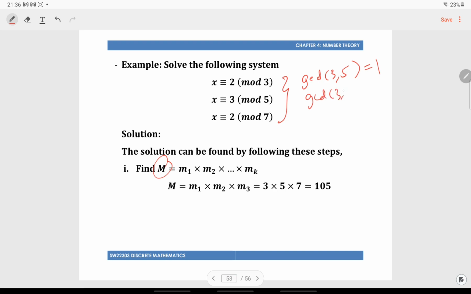GCD of 3 and 7 also equal to 1. And the last pair is 5 and 7. 5 and 7 also equal to 1. So yes, this system has a solution. Then you can proceed. The first step is to compute the capital M, obtained by multiplying all the modulus values. So we obtain M equal to 105.